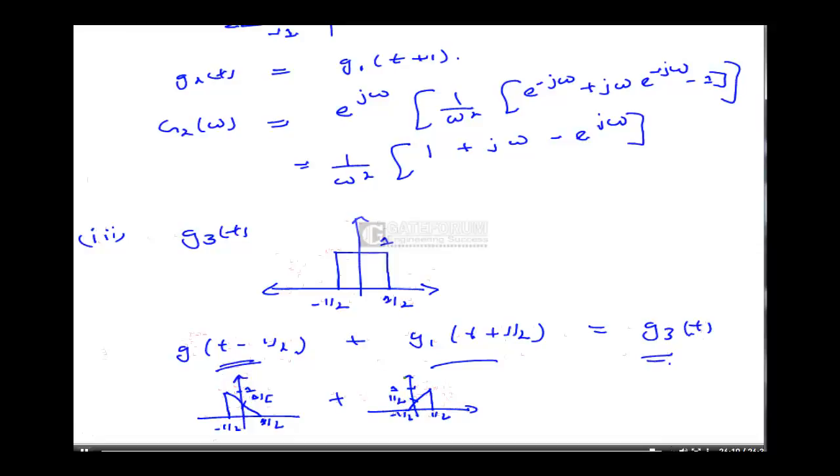Add these two expressions, I will get this expression. Okay. Simple. So these are typical problems that appeared in previous GATE exams from the topic of signals and systems.